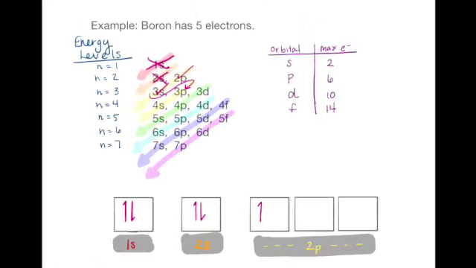The correct way to do it would have been this. It would be incorrect if you wrote it down like this. That would be an incorrect electron configuration, because remember, electrons are going to try to space themselves out before they actually pair up together.